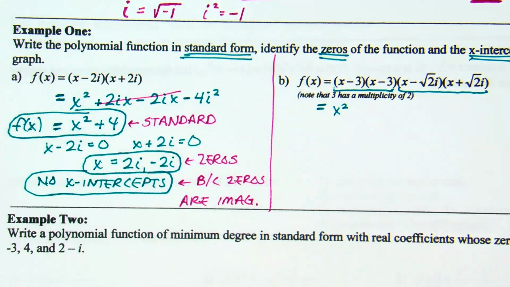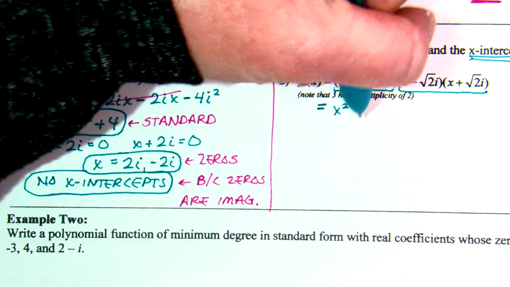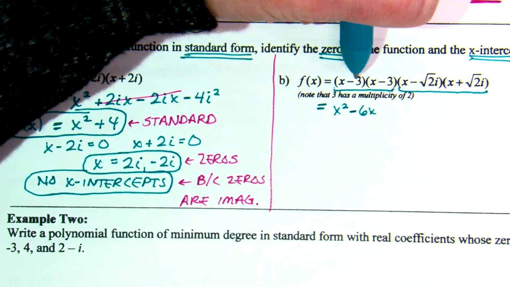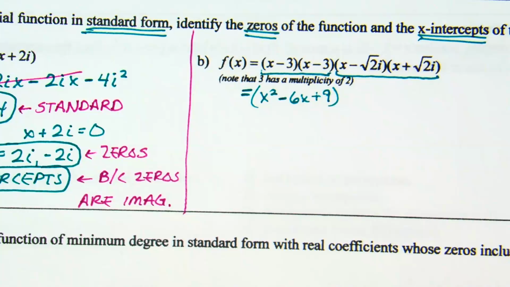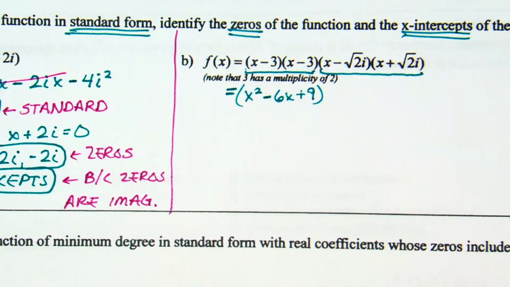So what are my outsides and insides together? Negative 6x. And then last, negative 3 times negative 3, plus 9. Okay, so those are my first two FOILed together.